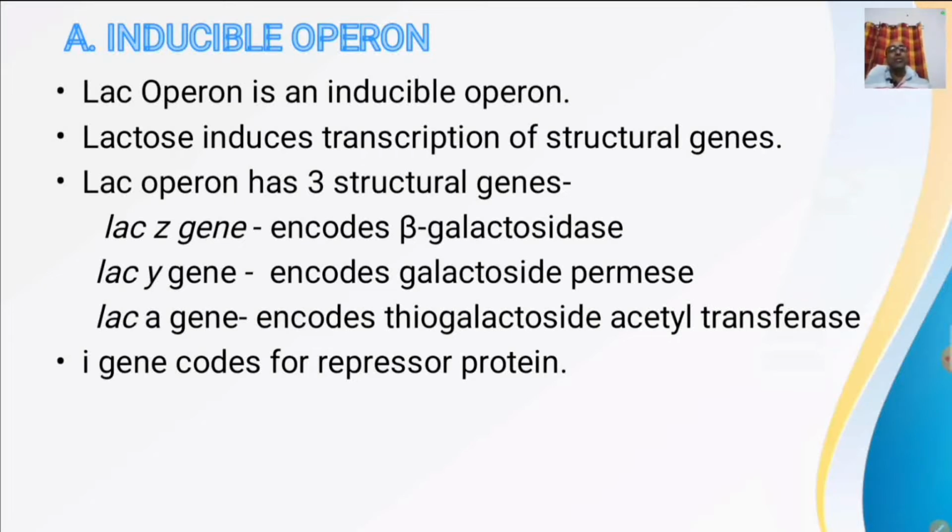Now this lactose is inducing the transcription of the structural genes. If we discuss the lac operon, there are three structural genes: lac Z gene, lac Y gene, and lac A gene. The lac Z gene encodes beta galactosidase. What is the function of this beta galactosidase? It metabolizes lactose into glucose and galactose.